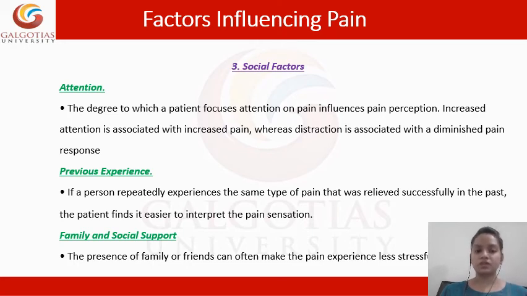If a person repeatedly experiences the same type of pain that was relieved successfully in the past, the patient finds it easier to interpret the pain sensation. Third is family and social support. The presence of family or friends can often make the pain experience less stressful.